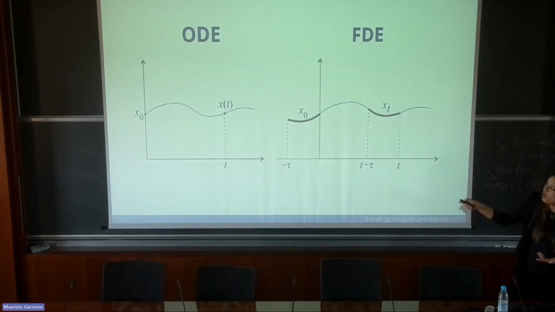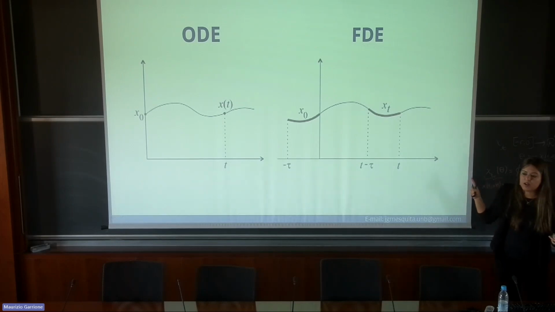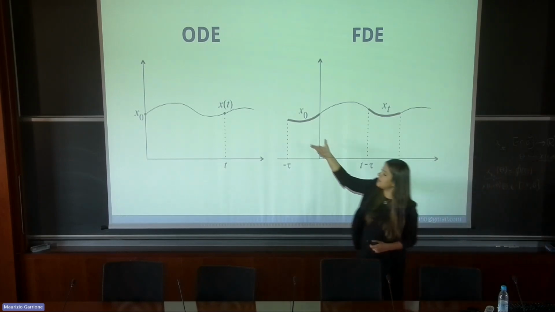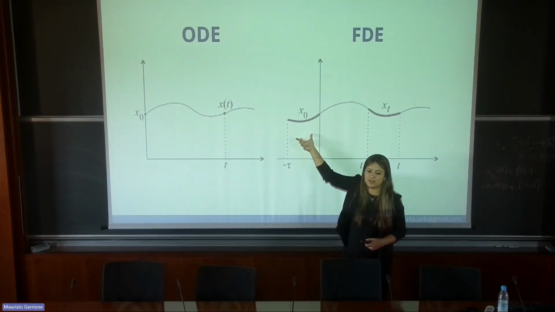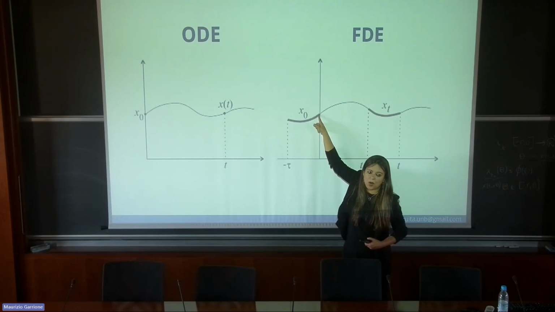So in an ODE, you have the initial condition at some moment, and at some moment t you have x(t). But when you deal with functional differential equations, we have an initial function as the initial condition, and depending on how it is at that point, you can have some discontinuity depending on your solution.